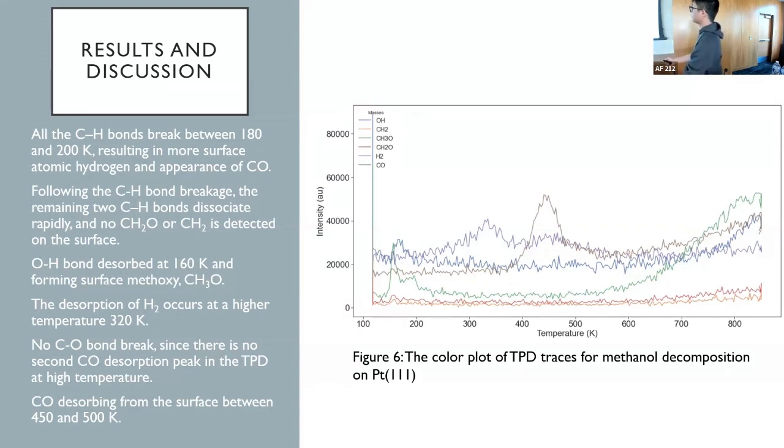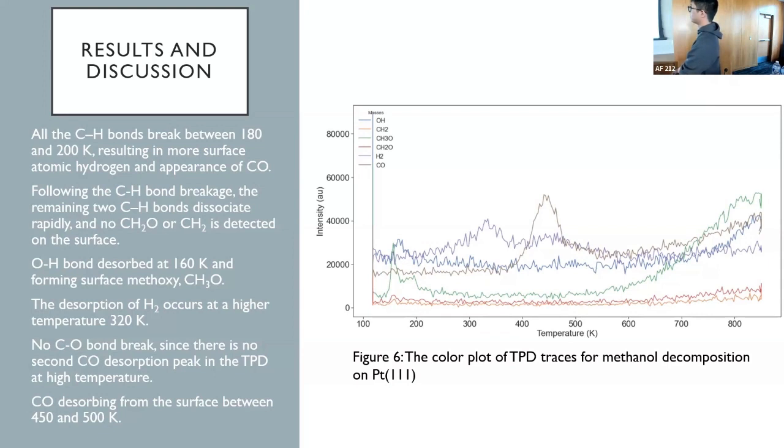And we know from this graph that the OH is going to be dissolved around 160, and that basically supports the breaking of the CH bond at 180. And after the CH bond breaks, there will be atomic hydrogen on the surface, and it also desorbs at 320.